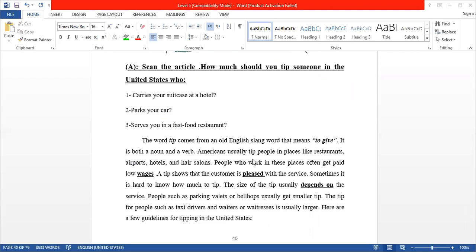Americans usually tip people in places like restaurants, airports, hotels, and hair salons. People who work in these places often get paid low wages. A tip shows that the customer is pleased with the service provided.